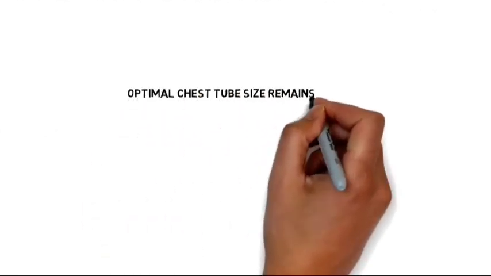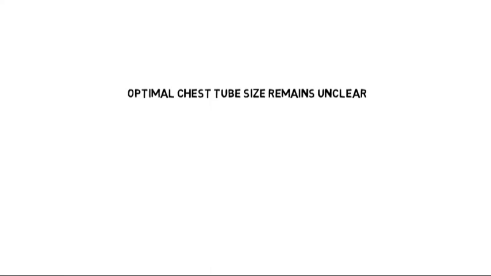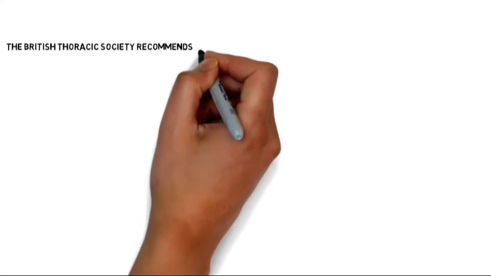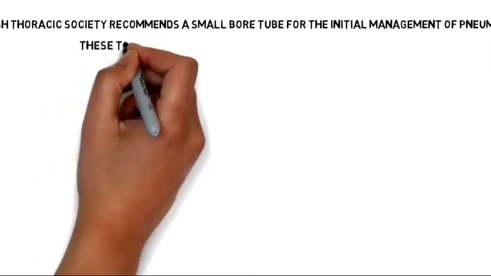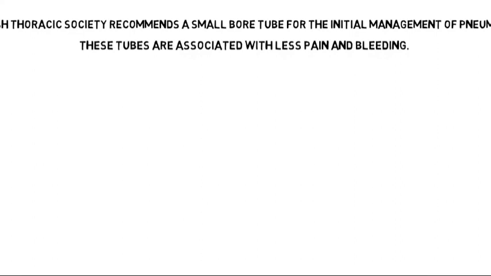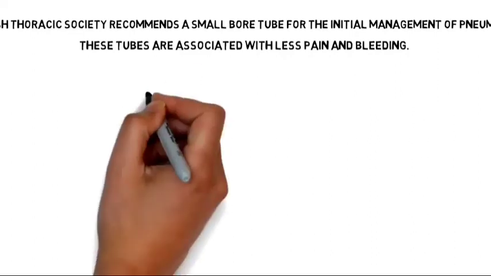And the optimal chest tube size remains unclear. The British Thoracic Society recommends a small bore tube for the initial management of pneumothorax, because small bore tubes are associated with less pain and bleeding.